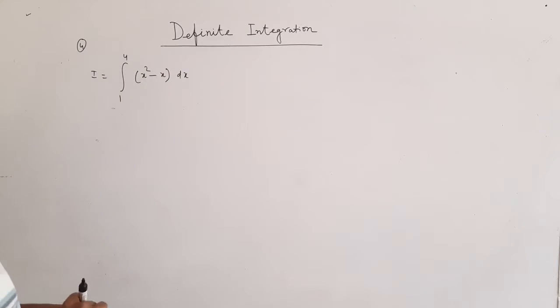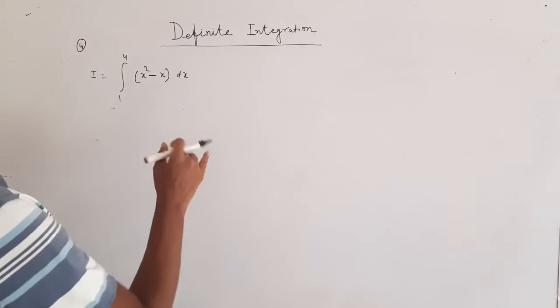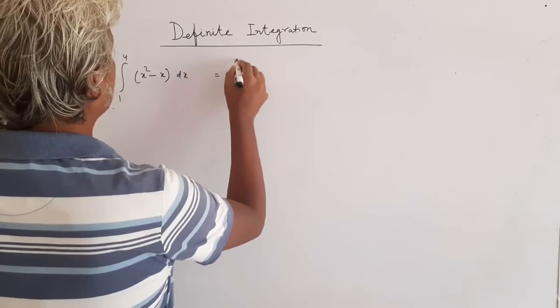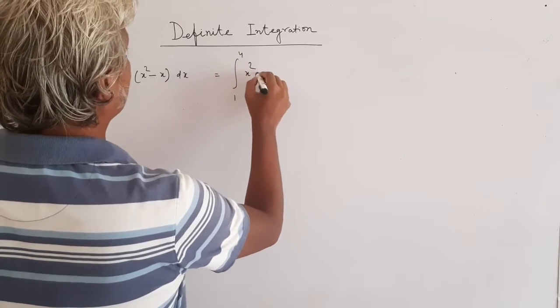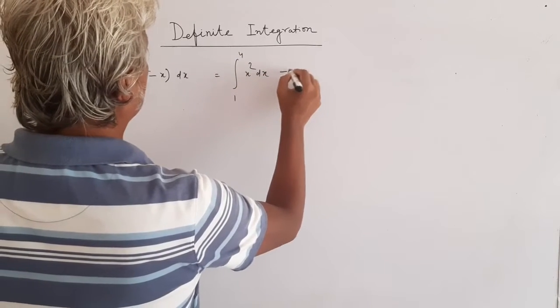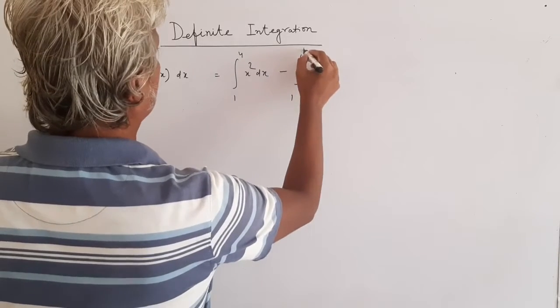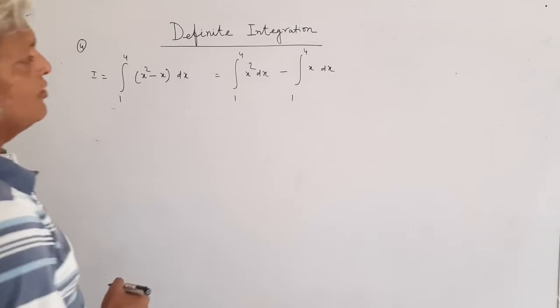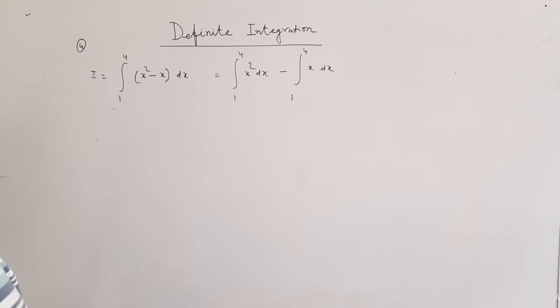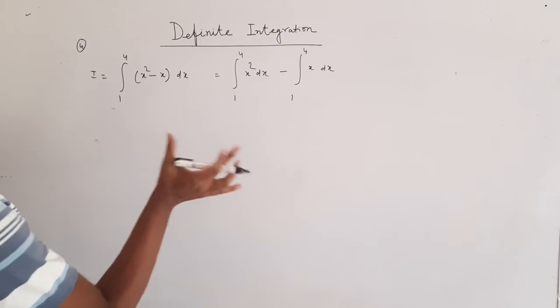This becomes a little lengthy, that's why we feel whether you understand it well or not. So if I break this down into two parts, one is the integral of x square dx minus the other, the integral of x dx, and then I solve them one by one. I think this is the better idea, so you can understand both of them.